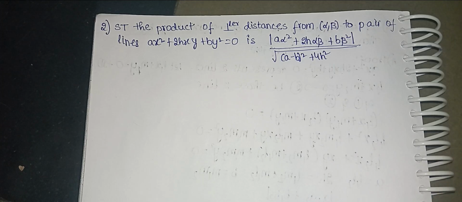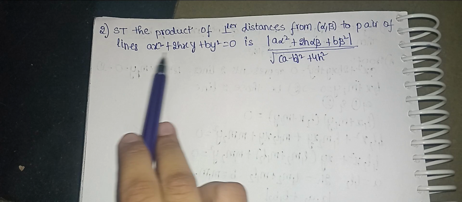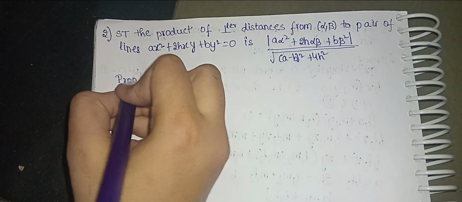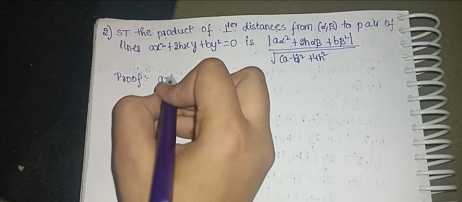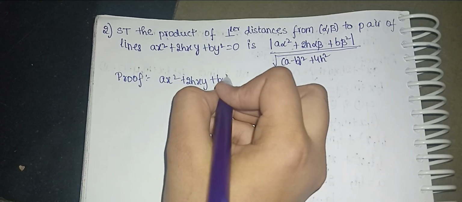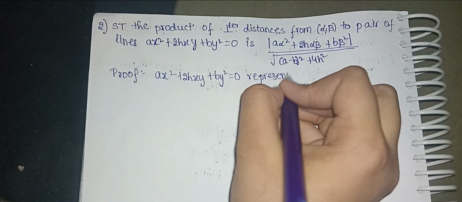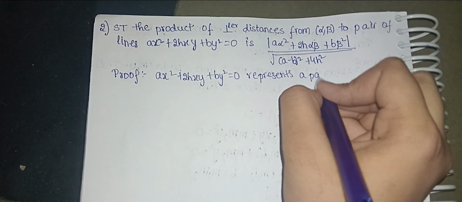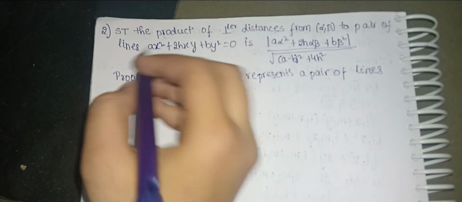Now, see. This is the second theorem. In this theorem, they told that this represents a pair of lines. First, you have to write proof. Then, you have to write ax square plus 2hxy plus by square is equal to 0 represents a pair of lines, which they only gave in the question.